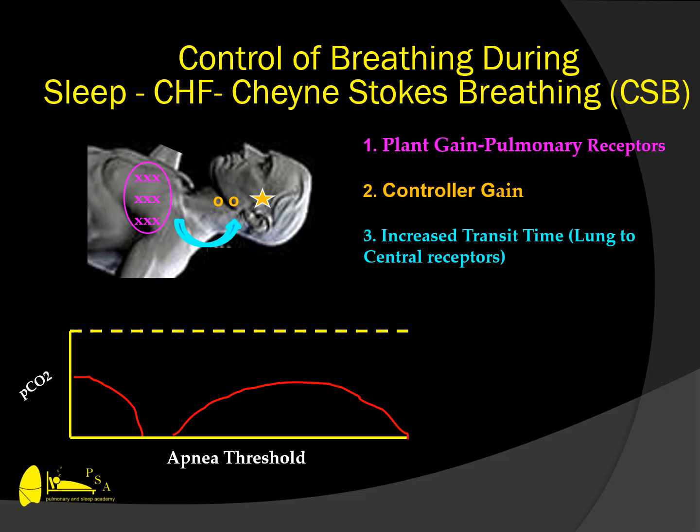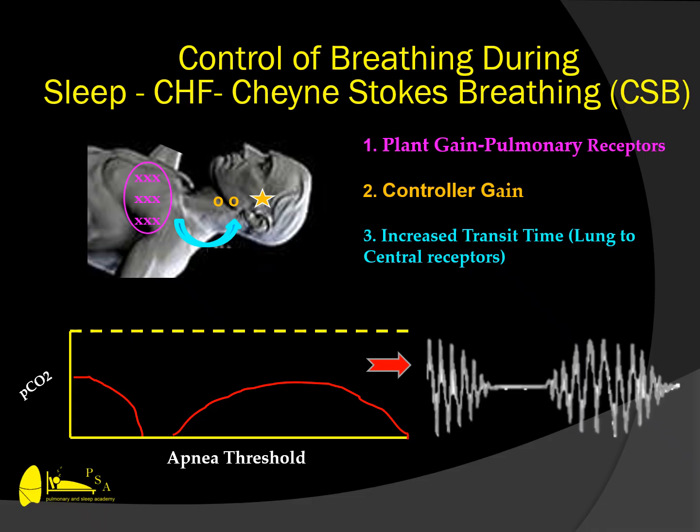And once the PCO2 is less than that threshold of 36, then there will be no respiratory drive for a period of 10-15 seconds. And then as that PCO2 climbs back up, the respiratory drive will start to have a crescendo appearance.